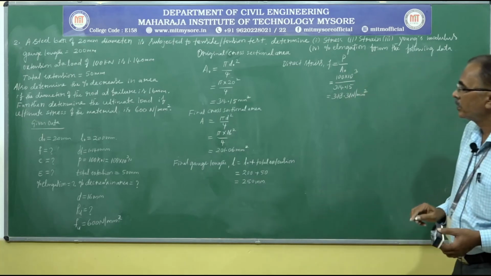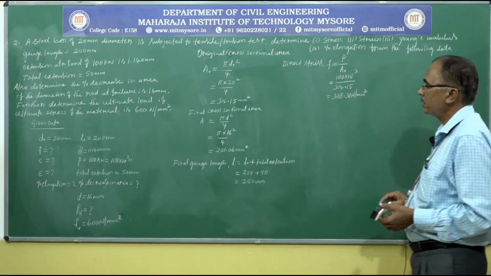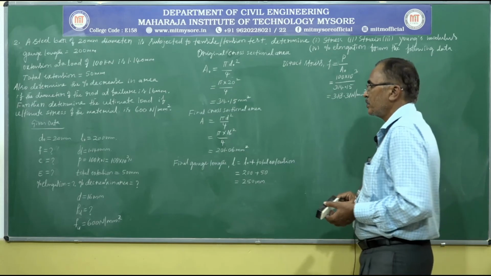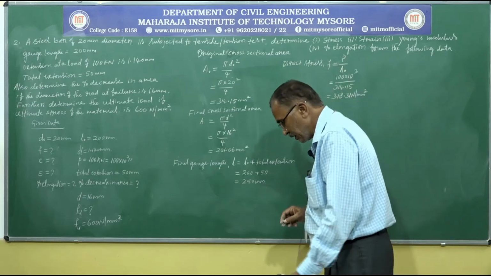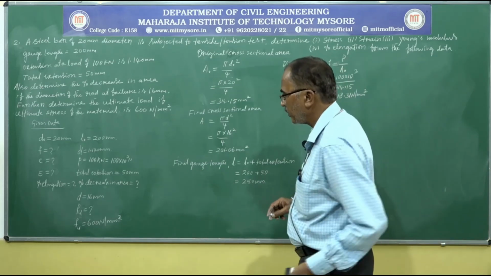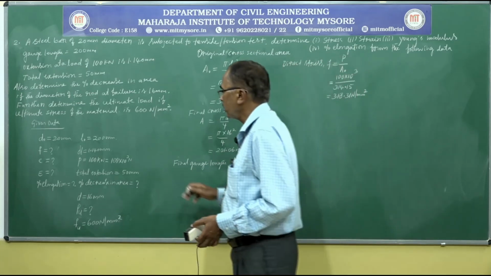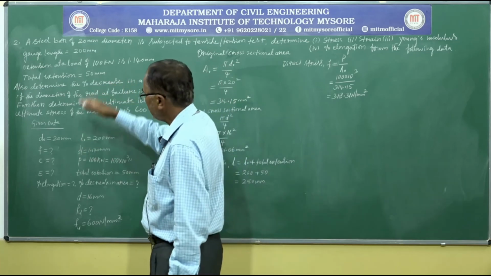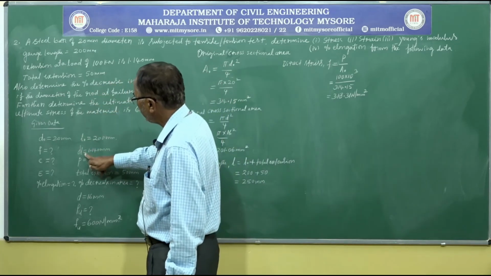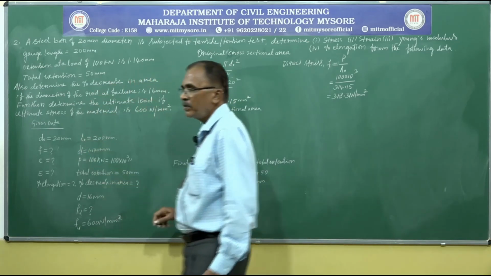It is asked to calculate the strain. Strain, unless specified, is considered as longitudinal strain. That longitudinal strain can be calculated by using the change in dimension, meaning change in length divided by the original length.